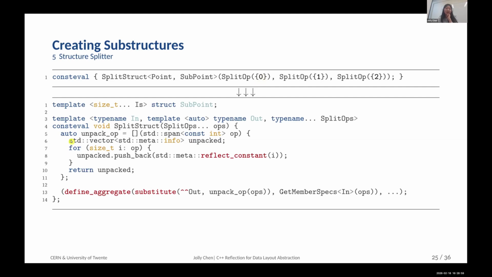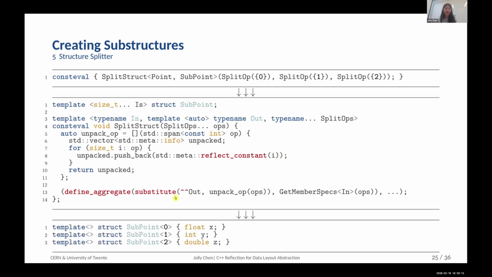So we are creating an array of reflected constants so that we can put this as template parameters of the subpoint. So this would essentially result into this.